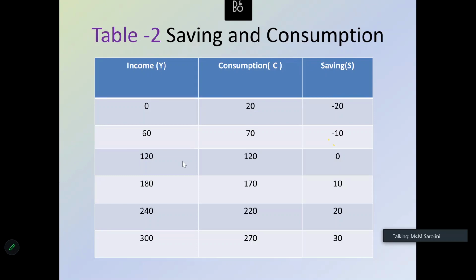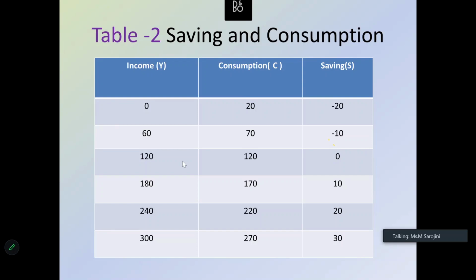When the income increases from 120 to 180, they also increase their consumption from 120 to 170. Here, the income increases by 60, consumption increases how much? 50. The 10 balance goes as saving. Therefore, they are saving some portion from their income.